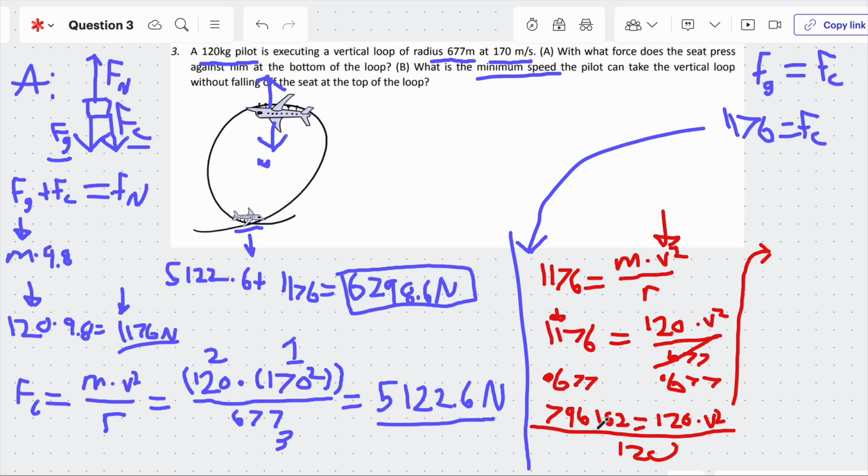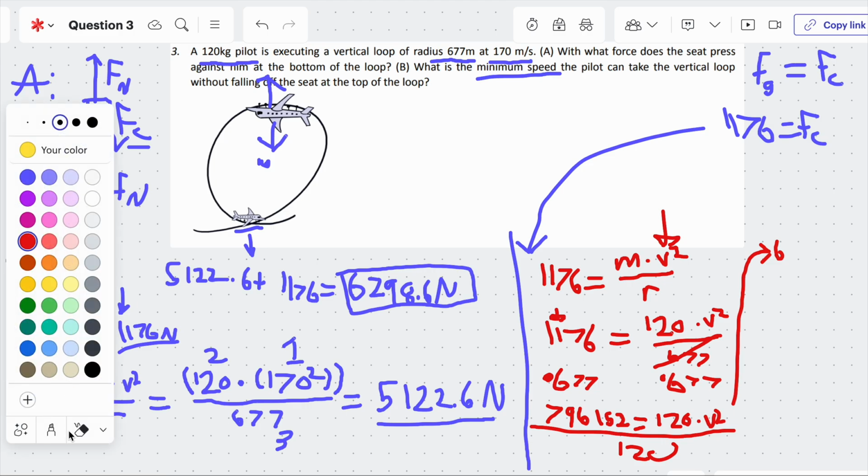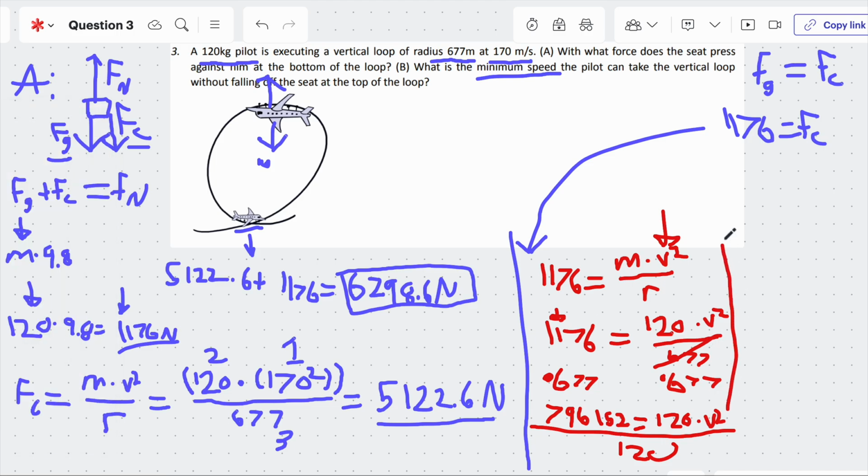Okay, so if we divide that 796,152 by 120, we get 6... Oh, hold up. Okay, I'm going to give myself a little more room up here. So we're going to bring it back up here.